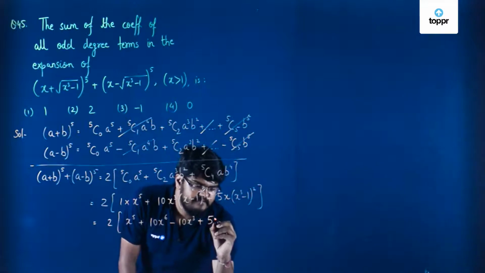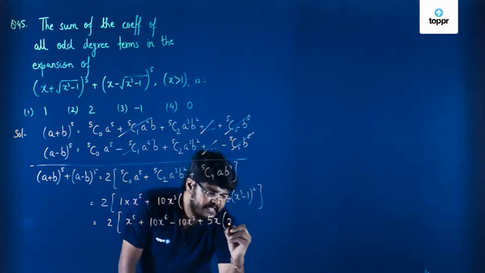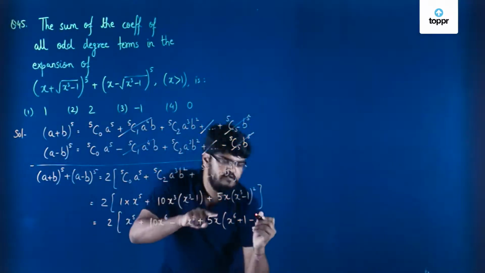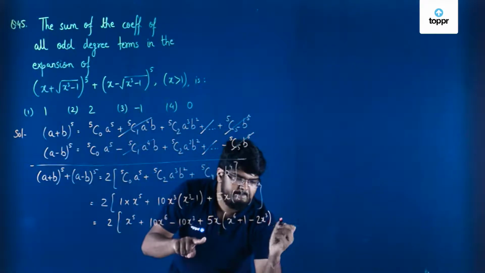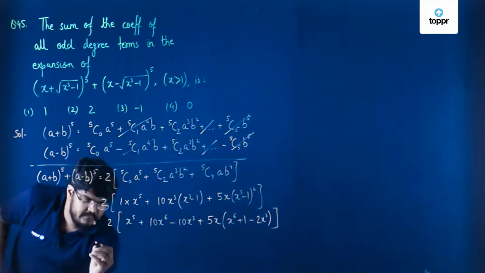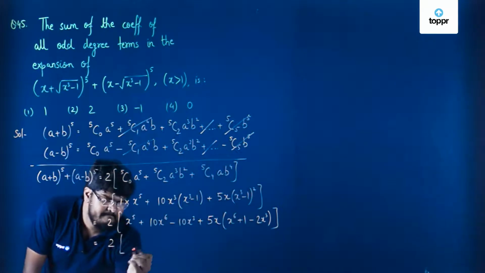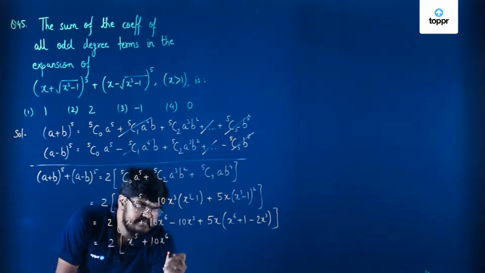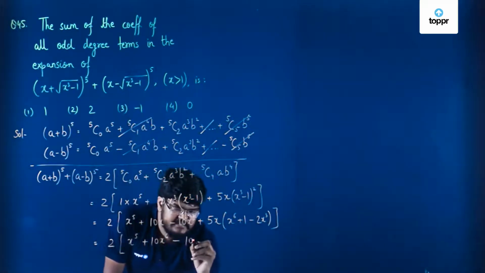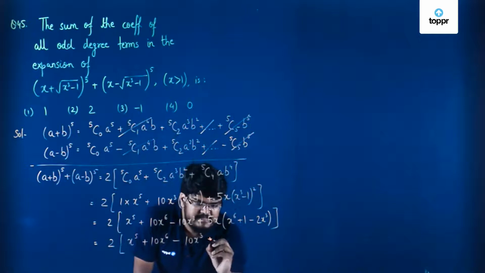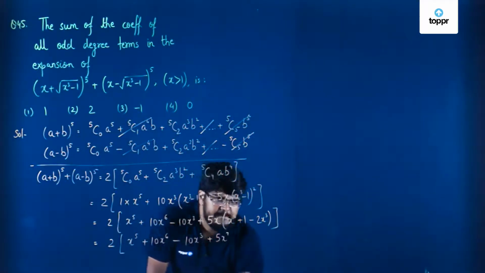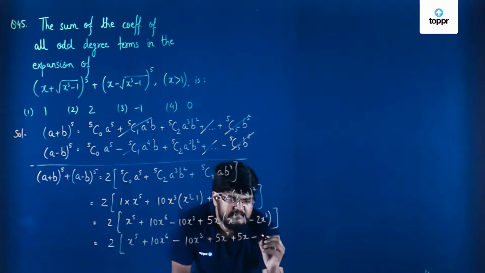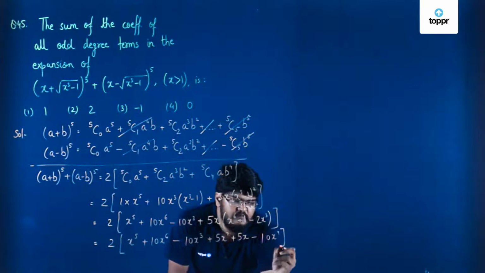When you simplify it, it will become 5x times, this will be a square, so x^6 + 1 − 2ab, so 2x³. This will be equal to 2 times [x^5 + 10x^6 − 10x³ + 5x^7 + 5x − 10x^4].